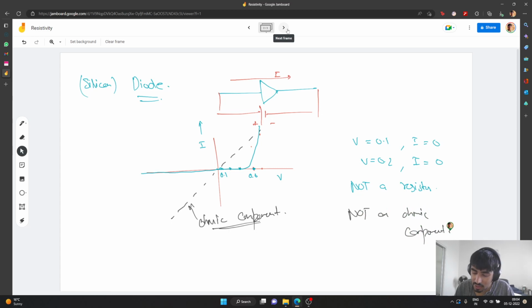That is to say, it doesn't obey Ohm's law. What is Ohm's law? Ohm's law is when you have resistance-like behavior. You put a voltage, you get a current. You double the voltage, you get double the current. But if you don't get double, maybe you get half, then it's not an ohmic component.